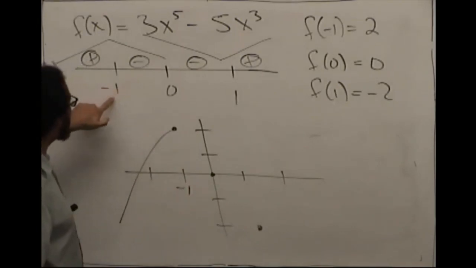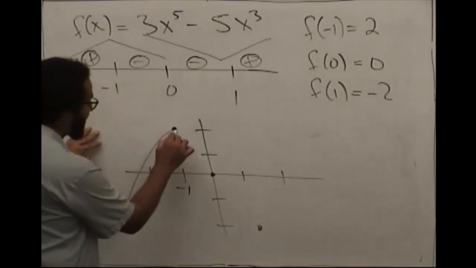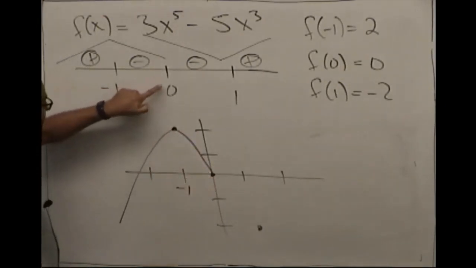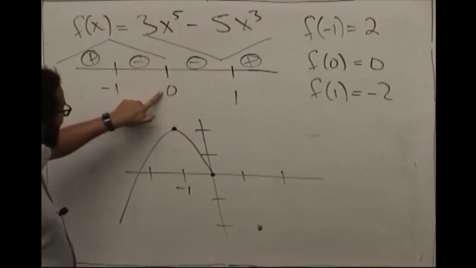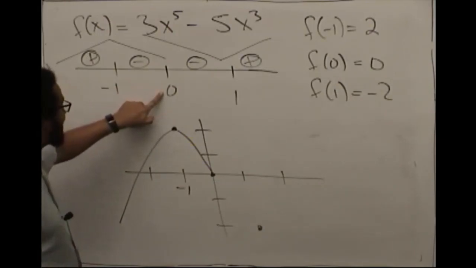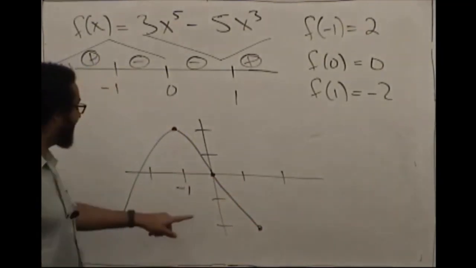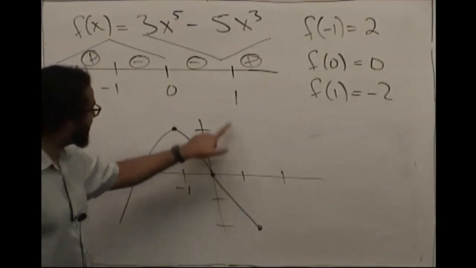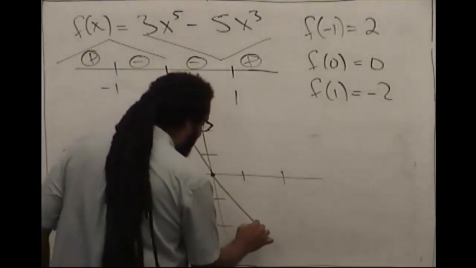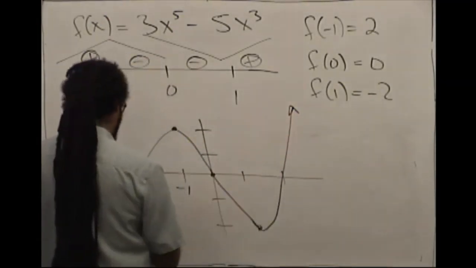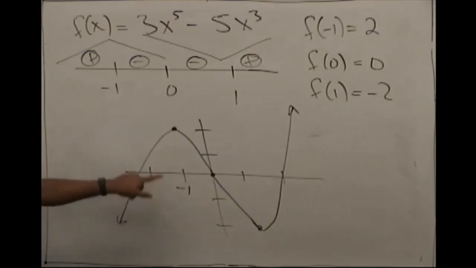And then after negative 1, it starts to decrease. And then it decreases till we get to 0, and then it continues to decrease. And then after positive 1, now it starts to increase. So here's a good rough sketch of what this function looks like.